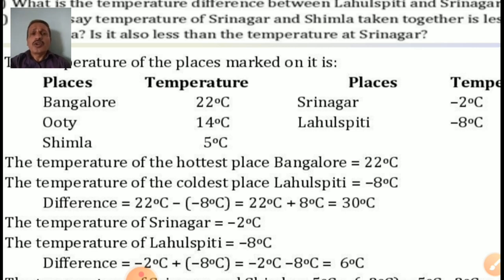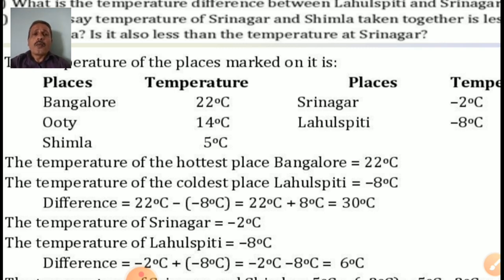And the temperature of the coldest place: that's a minus number, and a bigger minus number means the coldest place. Yes, that is Lahaul Spiti. How many degrees is it? It's -8 degrees.